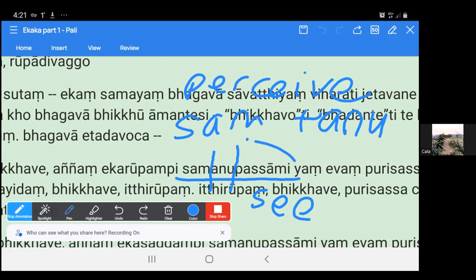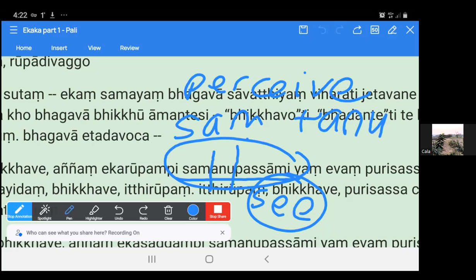If you translate the whole word samanupassāmi as just see, the meaning is not profound enough. Because this is the Buddha. The Buddha does not perceive any other form except the form of the woman that attracts the man. So it's much more like contemplate or perceive. Can you follow me?